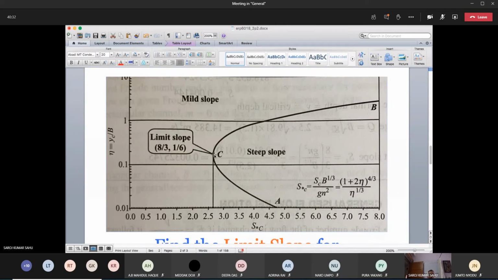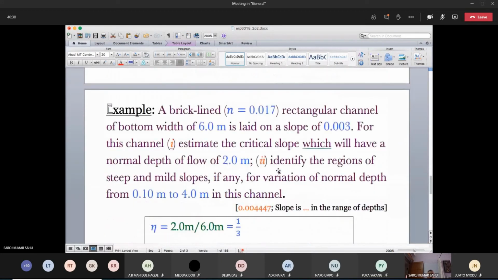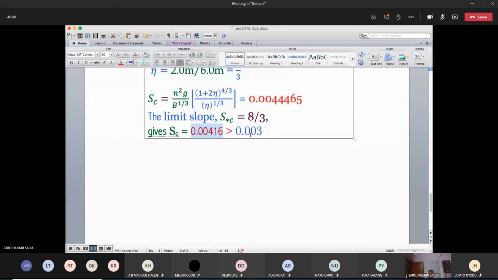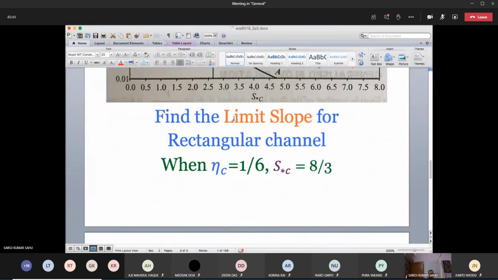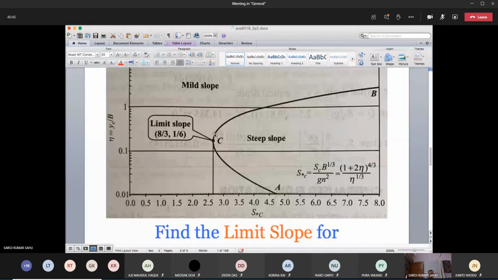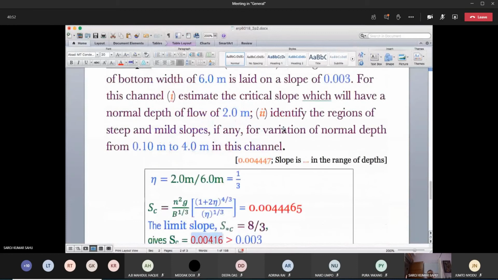So since the slope is less than this limit slope, which corresponds to 0.00416, 0.003 is towards the left of this curve, somewhere here. So for all the depths, it will be mild.